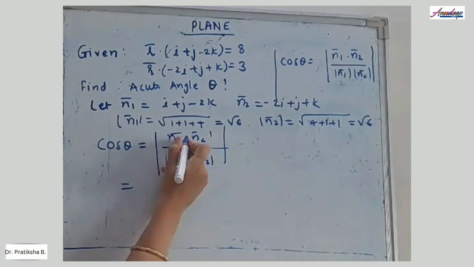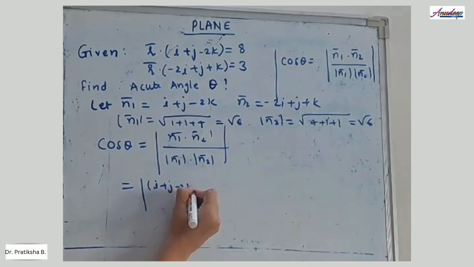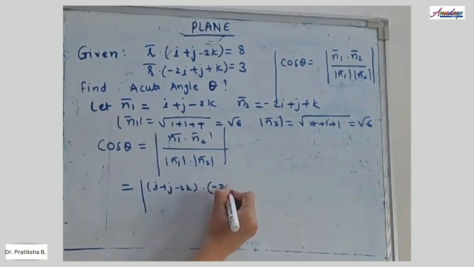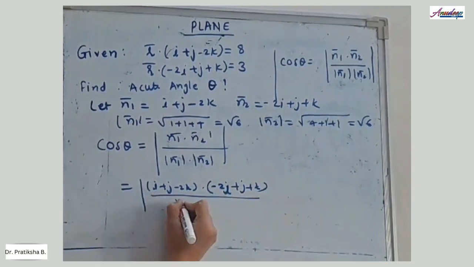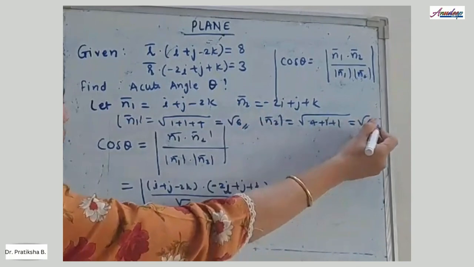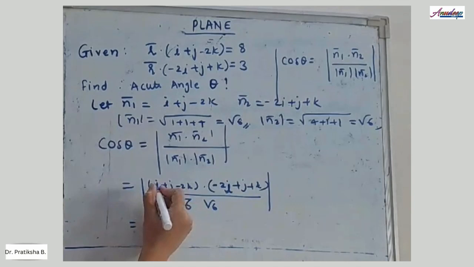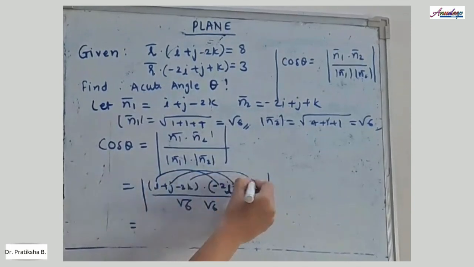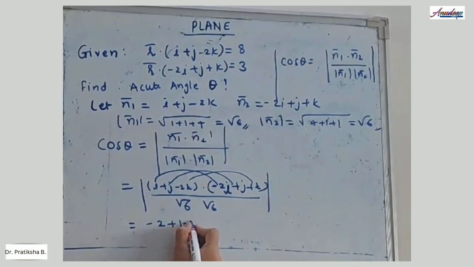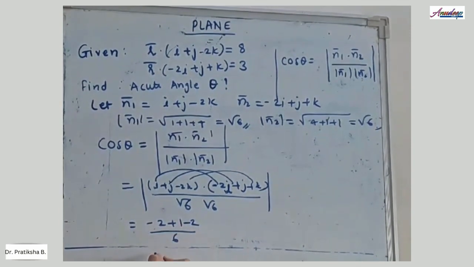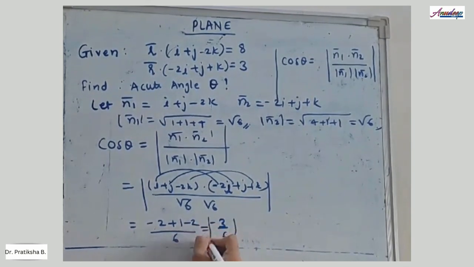Let us substitute the values. n1 dot n2 is the modulus of (i plus j minus 2k) dot (minus 2i plus j plus k), upon root 6 times root 6, that is 6. Using a1a2 plus b1b2 plus c1c2, we get minus 2 plus 1 minus 2 upon 6, which is minus 3 by 6.